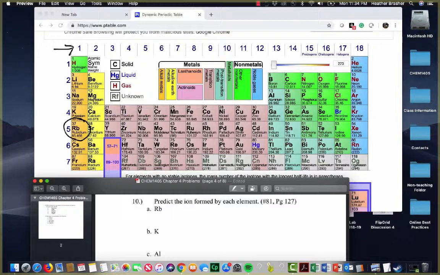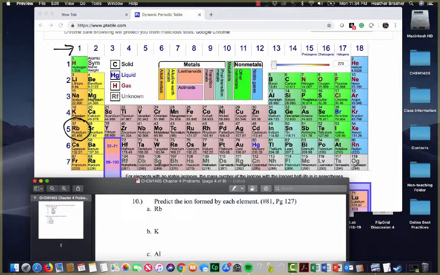You remember valence electrons, we talked a little bit about them. You can look here and figure out how many electrons they're going to lose or gain based on essentially what group they're in.